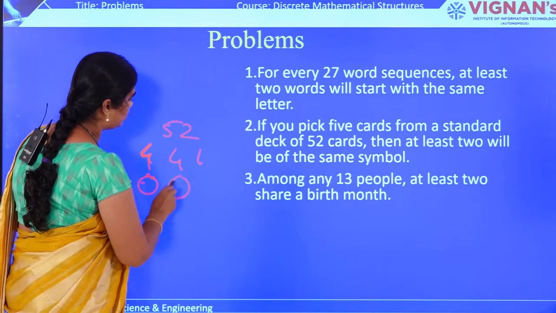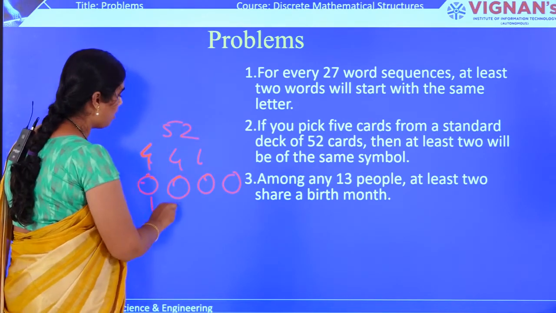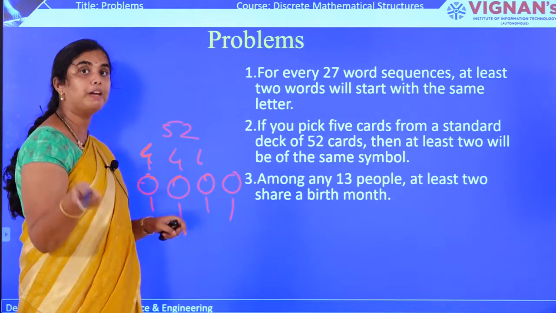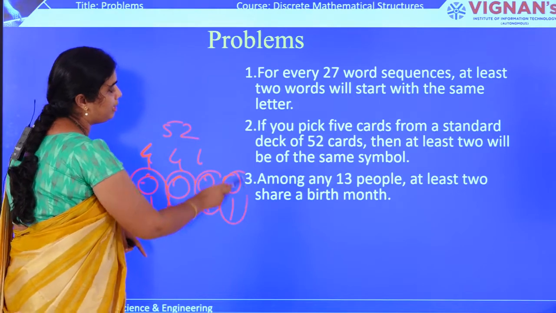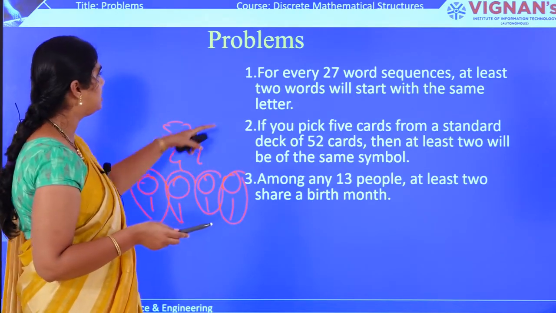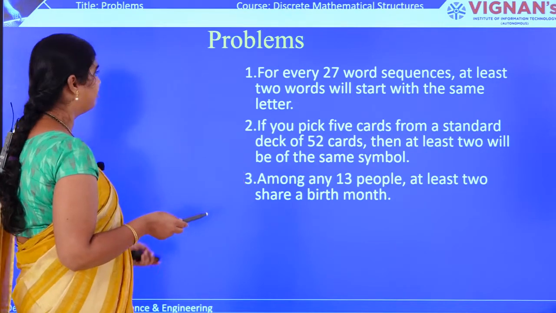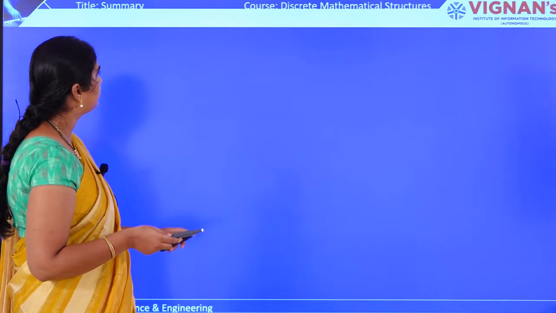If you want to pick 4, you can pick one of each symbol. But if you want to pick one more card, you need to pick from one of these symbols again. So, this also obeys the pigeonhole principle. This you need to try. Okay, this is also an assignment for you.